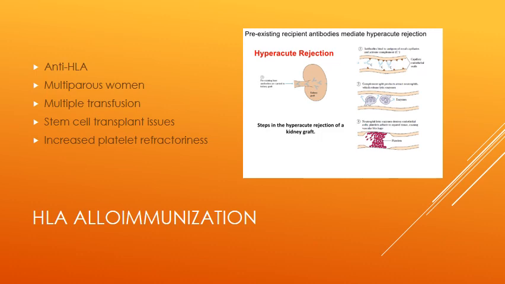Because there's still going to be some white cells or platelets in any component that we give, they could develop an antibody response against that. Remember, there's no HLA on the red cells, but platelets and white cells do have them. And so we can see those HLA antibodies triggered in certain patients.